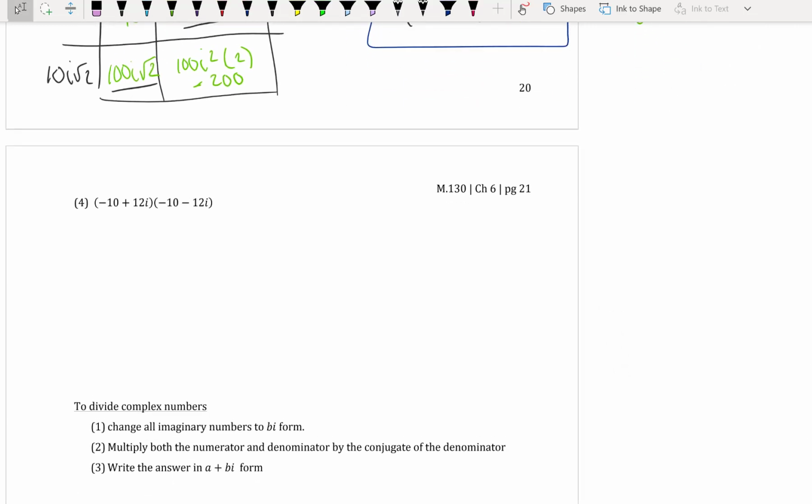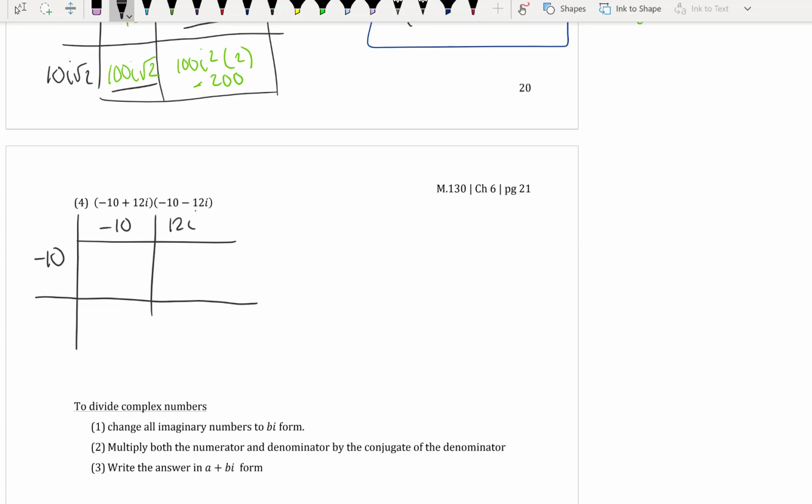So for number 4, again, I can either do the box method or I can go ahead and just do the FOIL method. I'm going to do the box method. So I have a -10 and a 12i. And I have a -10 and I have a -12i. If you already see the pattern, that's great.